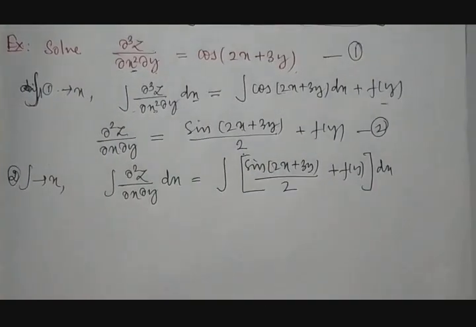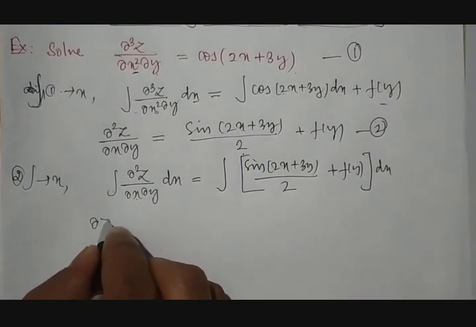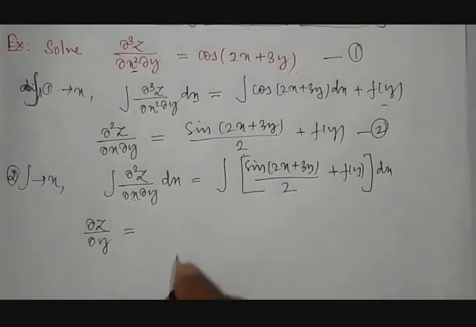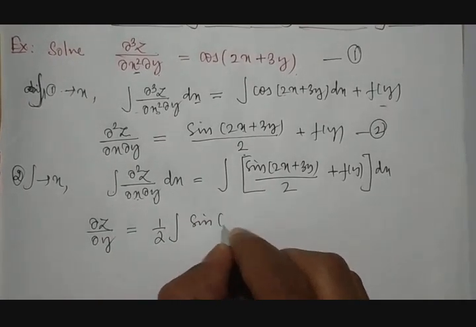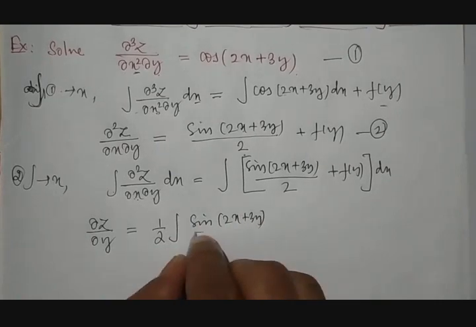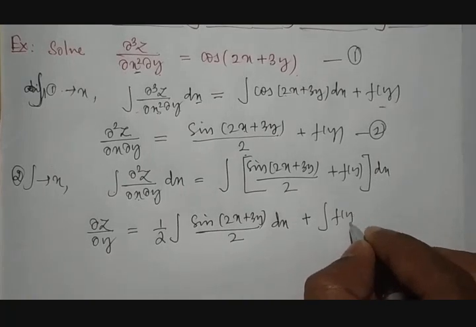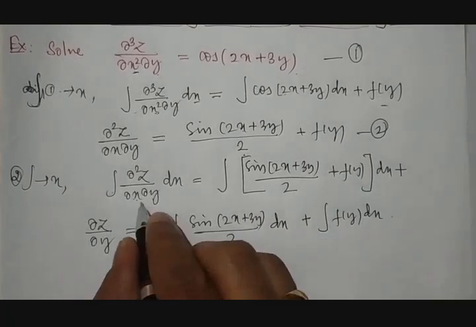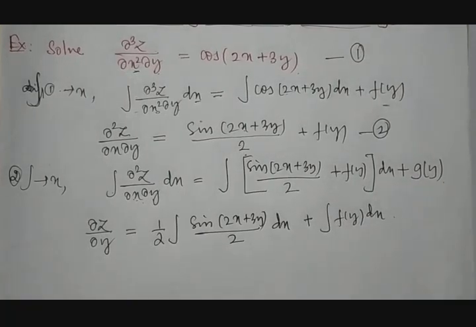When we integrate it with respect to x, automatically the x derivative gets cancelled, and we get ∂z/∂y, which is equal to, here I take separate integrations. So 1/2 times the integration of sin(2x + 3y)/2 with respect to x, plus the integration of f(y) with respect to x, plus, when we have applied integration with respect to x, we need to take our integration constant as g(y).